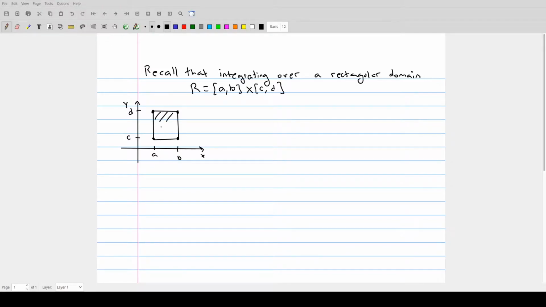So the region R, if it's a rectangular domain, looks exactly like this. And typically what we're interested in is integrating a function f of x y that's defined for points in that region.